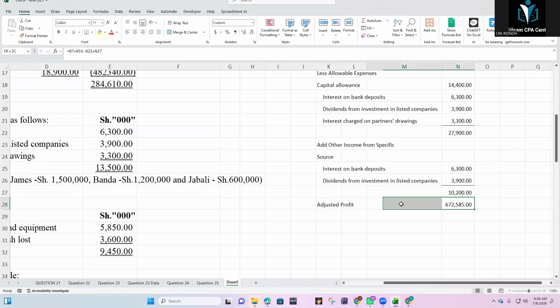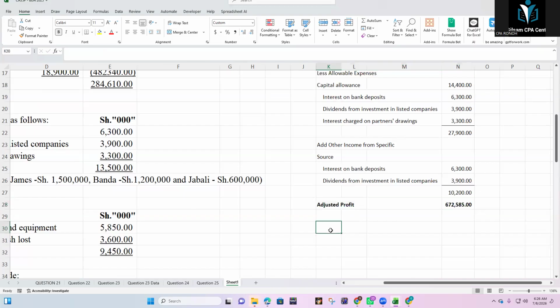Adjusted profit. So this profit now is coming from a partnership business, not the individual, not for the company. So we cannot take 30% of this. Instead, we'll have to share it to the partners, and then from there, we use 10%, 25%, all the way to that 5%.